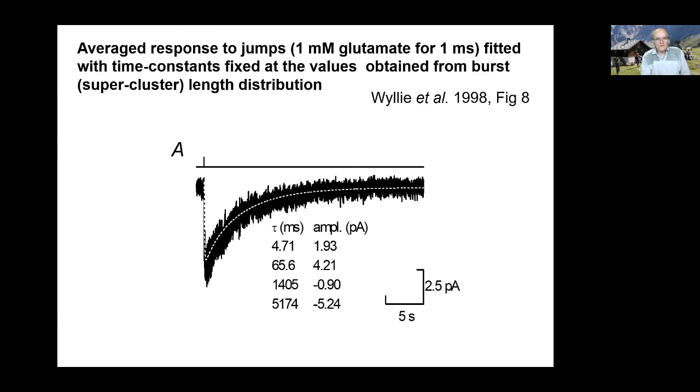Again, we can't fit to a signal as noisy as this all of these exponential components, but we can show that the average here is compatible with having the same time constants as the distribution of the length of activations.